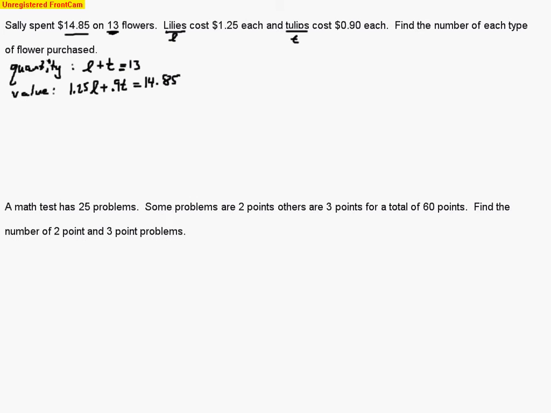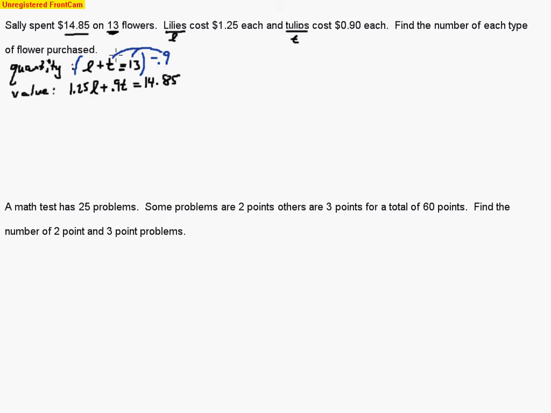So from that point, we can go ahead and use elimination to solve. I'm going to multiply to cancel out the t value. So what do you think I have to multiply by to cancel out t? Well, if I multiply by negative 0.9, that would make a negative 0.9t, canceling out the t value down below.